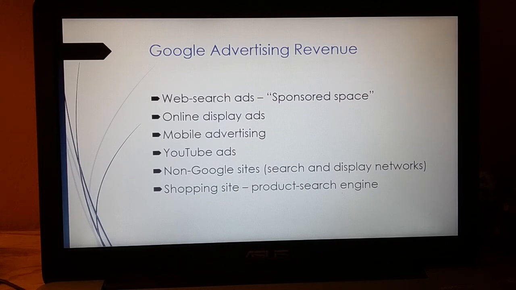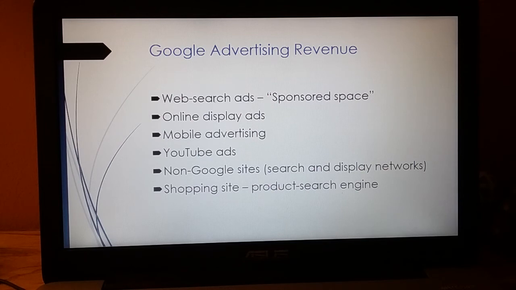And then mobile advertising. Those are ads that appear on mobile devices, in Google search results and content websites, and also in apps that you might use. There's also YouTube ads that you see when you're watching videos on Google.